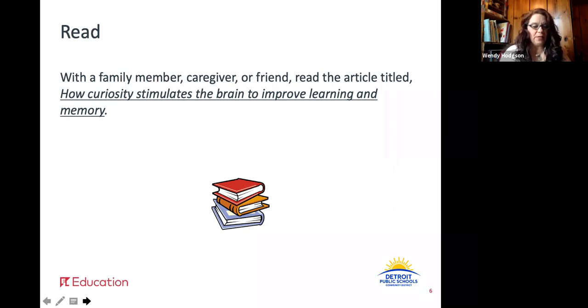A follow-up test 1 day later found the same results. People could better remember a face if it came after an intriguing question. Somehow, curiosity could prepare the brain for learning and long-term memory more broadly.